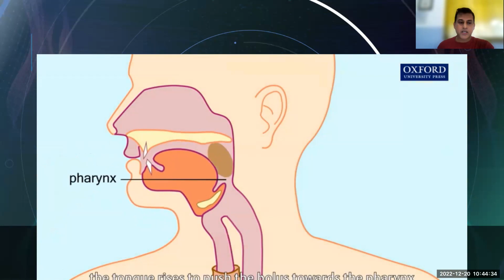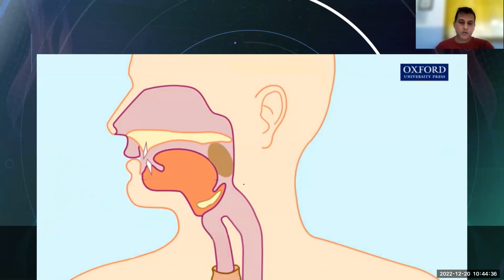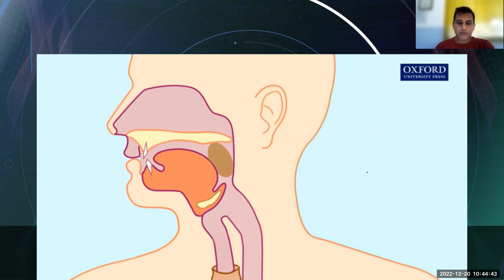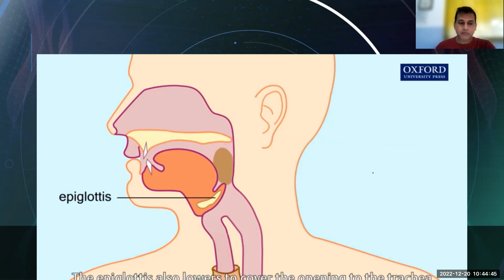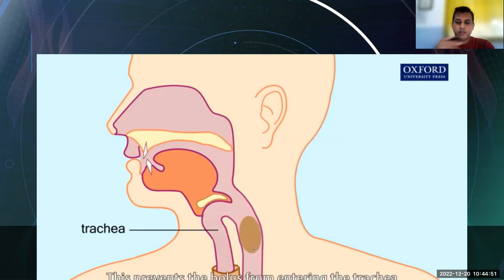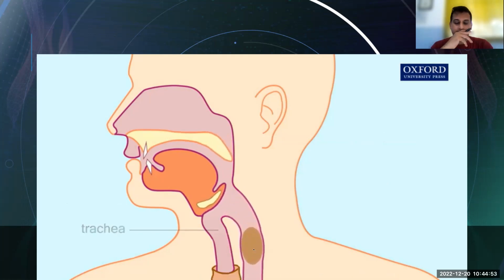Then you can see the epiglottis closes at this place. It just presses the epiglottis and closes the trachea. Now it's moving to the esophagus.